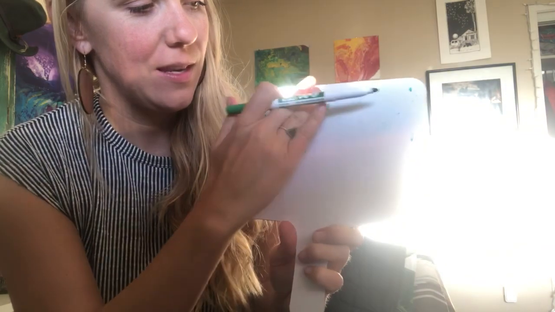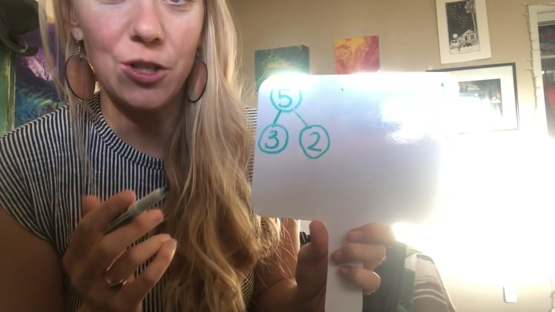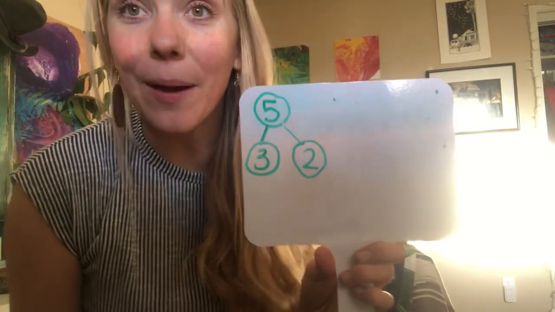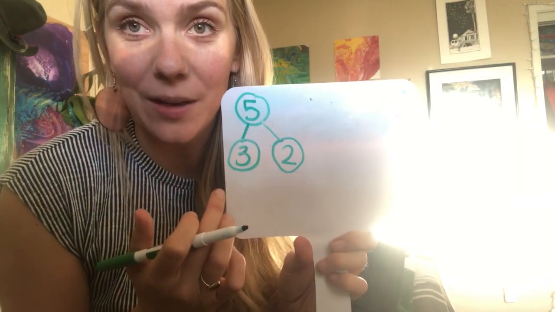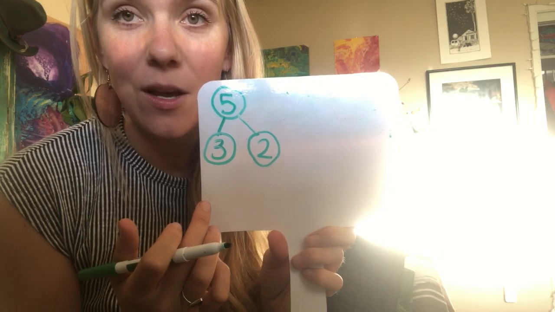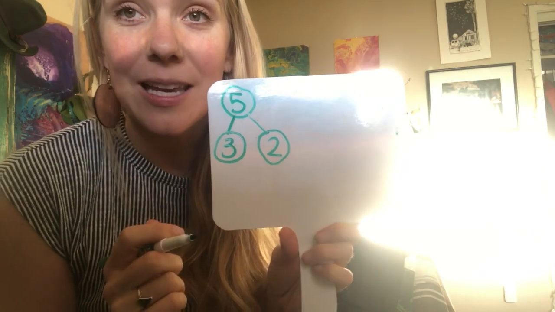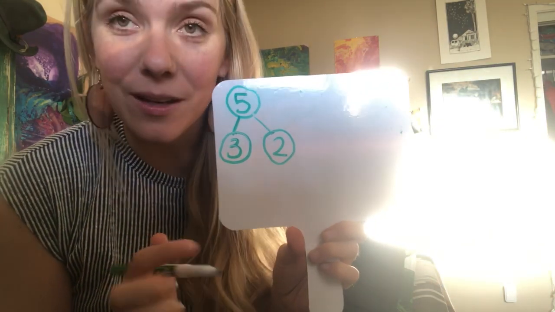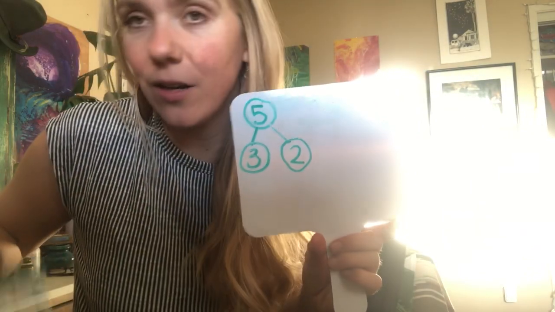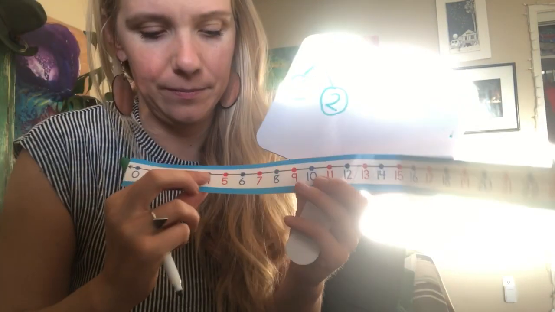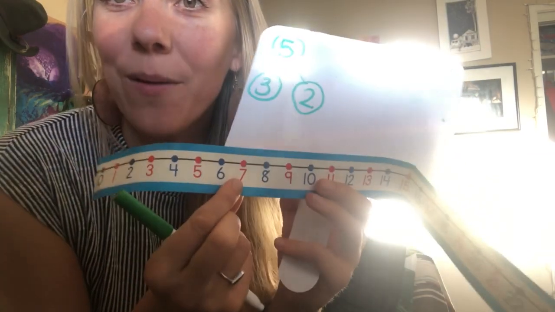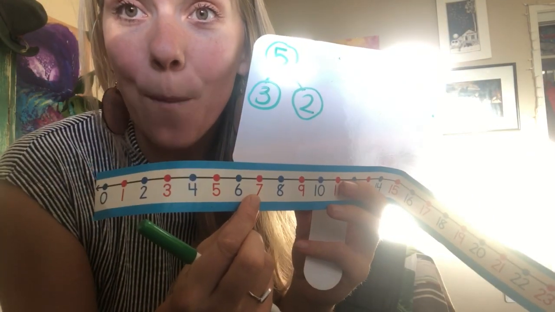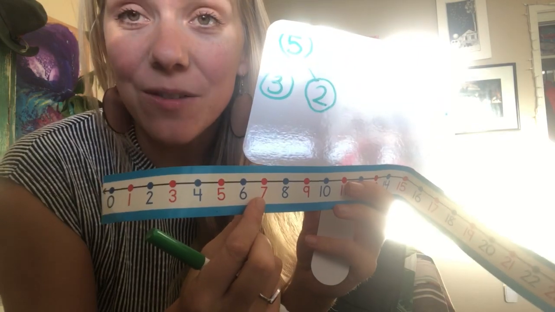Awesome. Now, something else we can do is think about takeaway. Now, I'm not going to do a number bond when I do takeaway because that might be too confusing. But what I will do is think of a number that's bigger than 5, just a little bit bigger, and I'll find it on my number line. Maybe 7. So now I'm thinking, how many do I have to go backwards to get to 5?